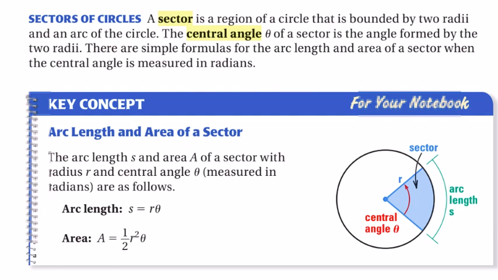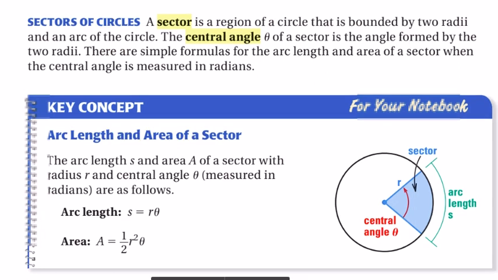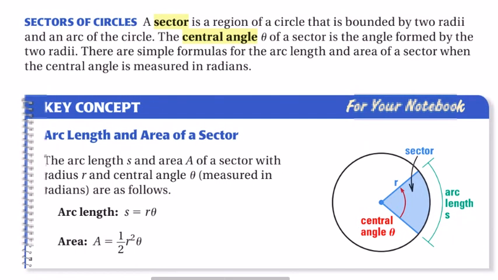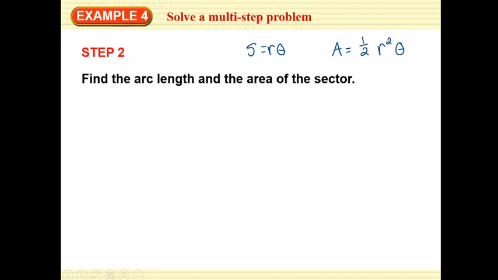And here those formulas are on page 861. You need to make sure to get these arc length and area formulas into your notebooks. So S equals r theta and A equals 1/2 r squared theta. Alright, so it's always helpful to have formulas written down as soon as you see what it's looking for.